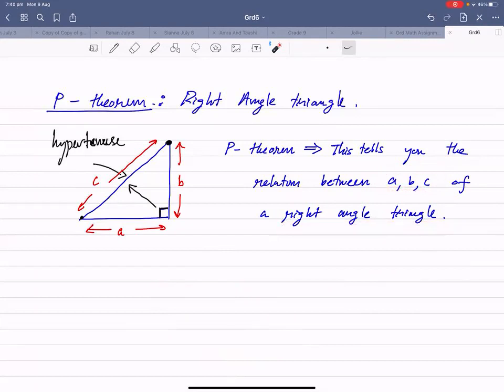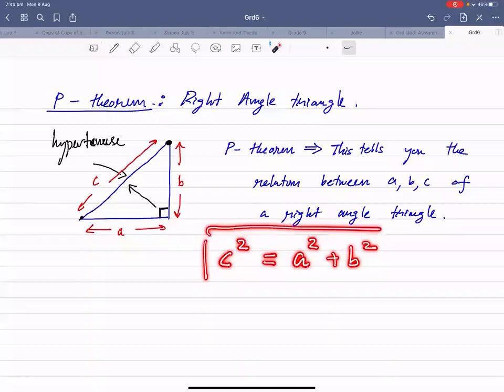Okay. Now, what is this Pythagoras theorem? The Pythagoras theorem is that the hypotenuse squared is equal to the sum of the squares of the other two sides. This is the Pythagoras theorem, right?